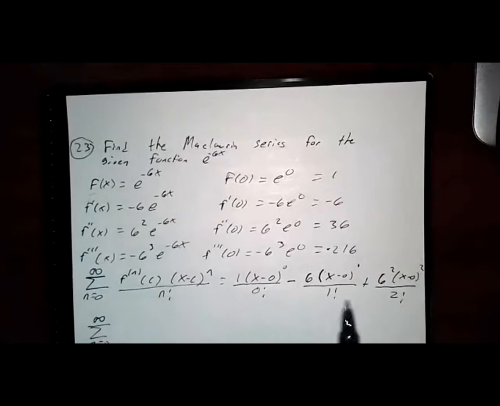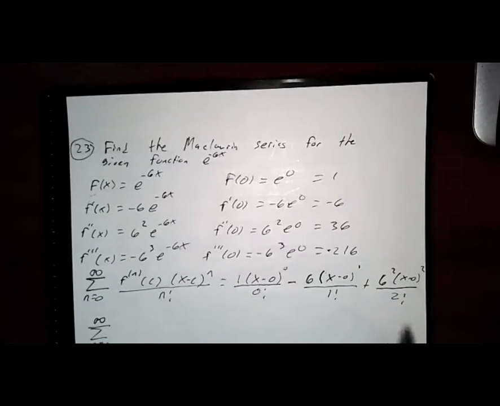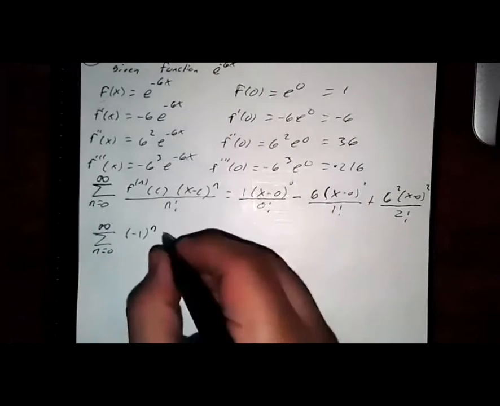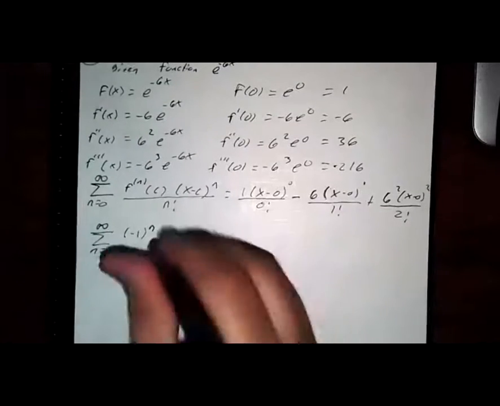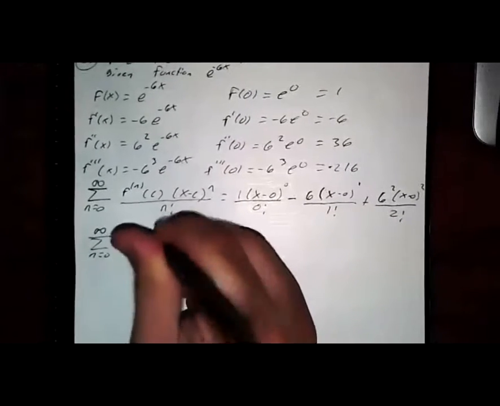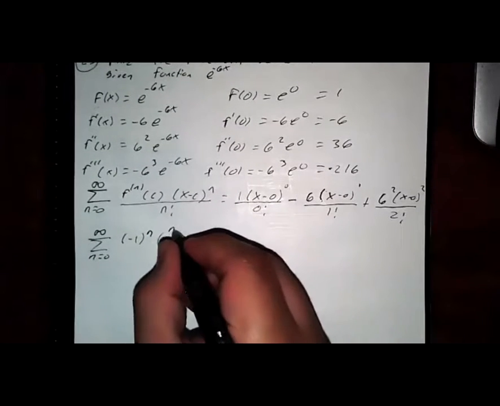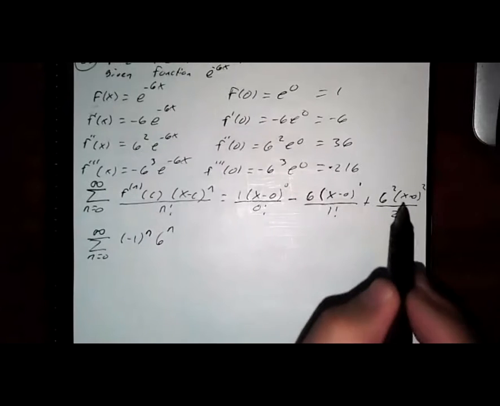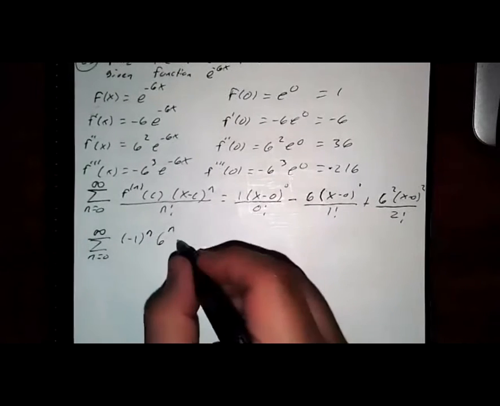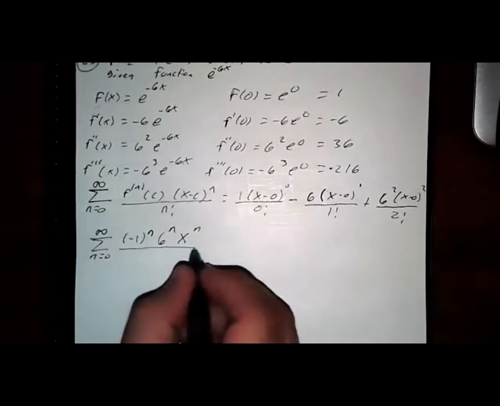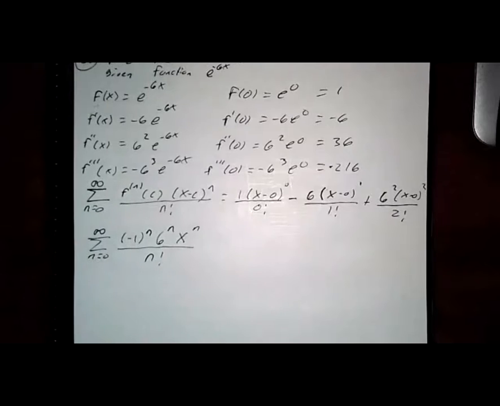Alternating happens every odd term, so negative 1 to the n should cover me, times, oops, forgot my 6, times 6 to the n, times x to the n, over n factorial.